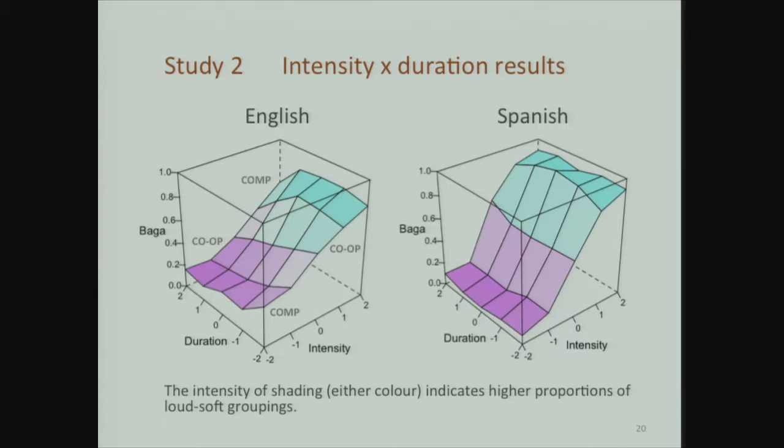The main thing you see is that the intensity of the shading, the darker the color, the more loud-soft groupings we're getting. So this is done in terms of loud-soft groupings, and you can see that we have a starker effect in Spanish again than we did in English.